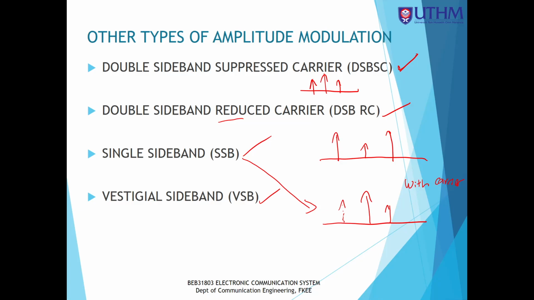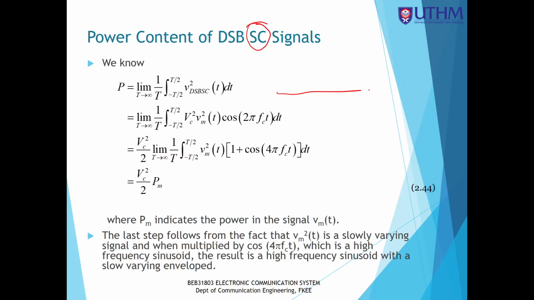Okay, power content of the double sideband suppressed carrier. This is another one what we call the suppressed carrier. Suppressed carrier is also under the category of reduced carrier. So suppress means that we suppress the carrier component. We reduce to the minimum or we remove completely the carrier component. Dalam kes ini, biasanya suppressed carrier, normally in the suppressed carrier, that means we suppress the carrier completely.